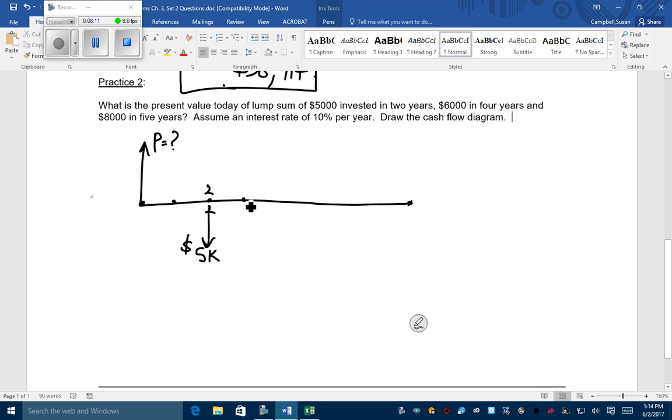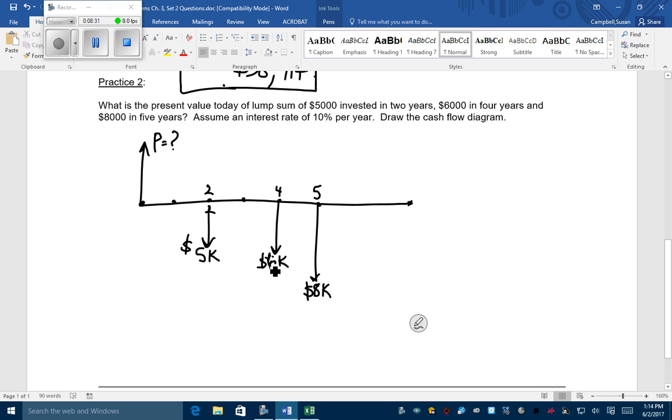In year 4, I'm investing 6 grand. And in year 5, I'm investing 8 grand.